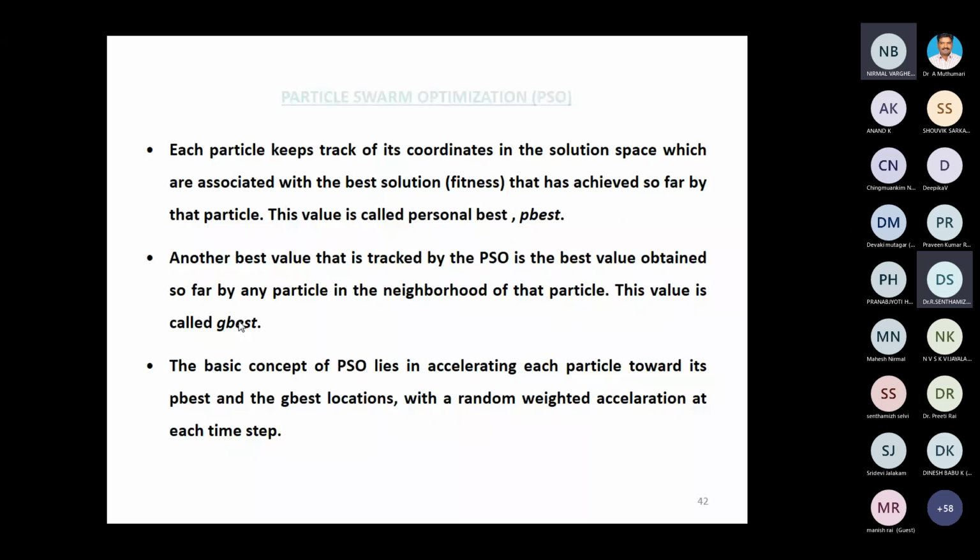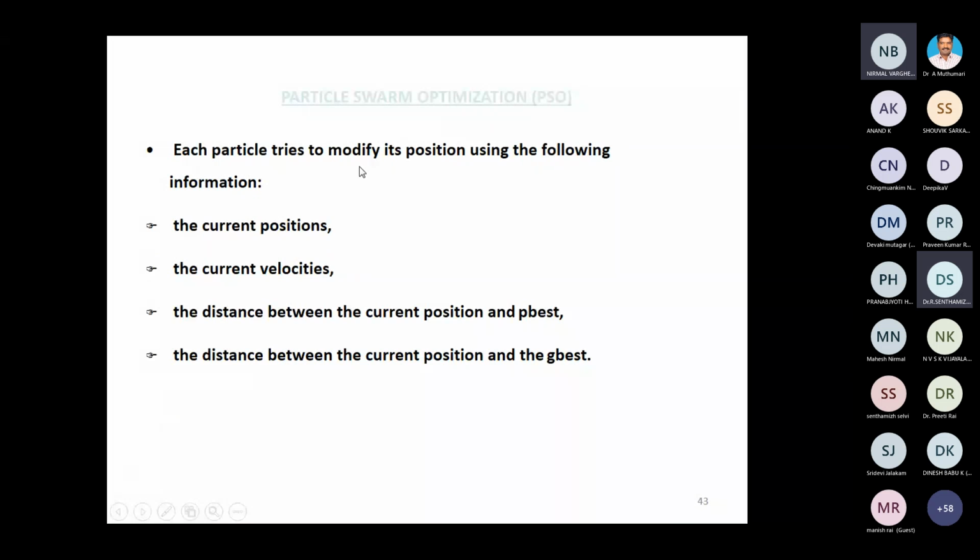right? Now, the basic concept of PSO lies in accelerating each particle toward its P best and G best locations with a random weighted acceleration at each time step. Now, each particle tries to modify its position using the following information. First, you should know the current position, the current velocity, then the distance between the current position and the P best, personal best, and the distance between the current position and the global best.